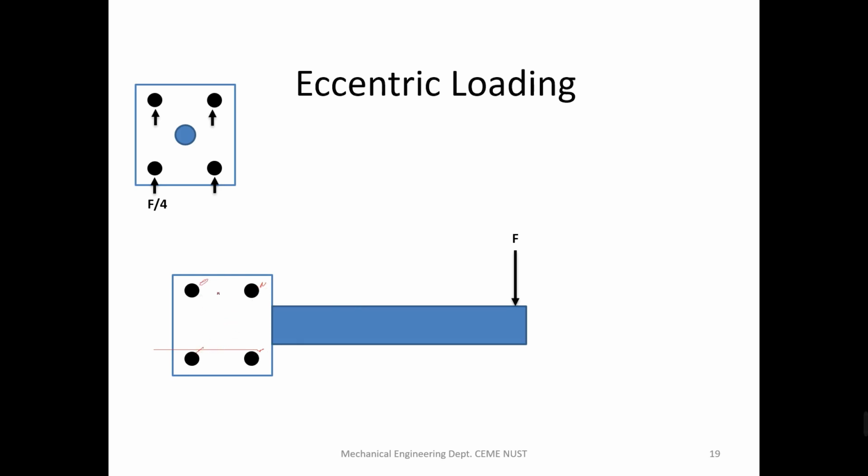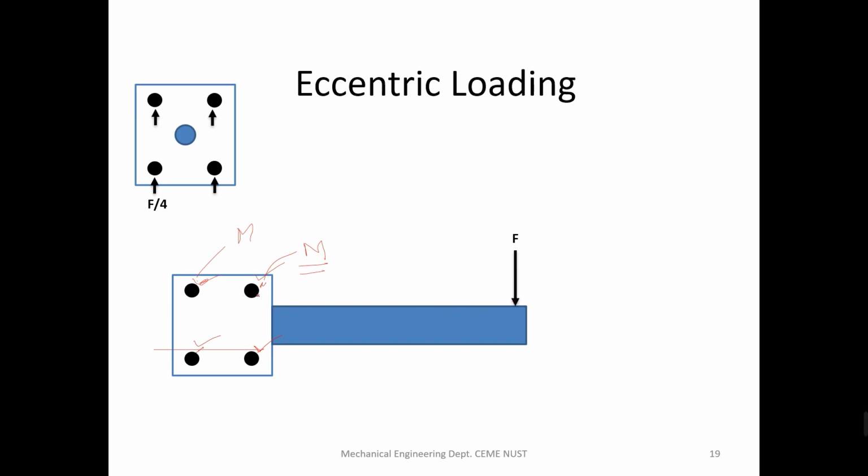In other words, these two bolts will resist some amount of moment, and these two will resist some other amount of moment. We need to calculate how much force is resisted by each and every bolt, and there will be a component of force and a component of moment resisted by each bolt.